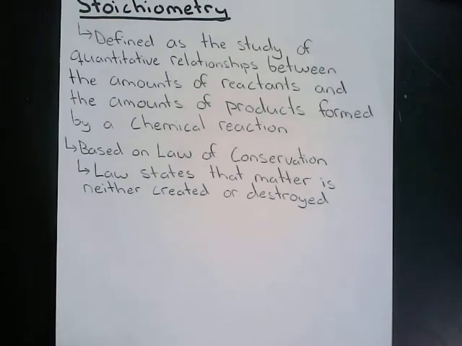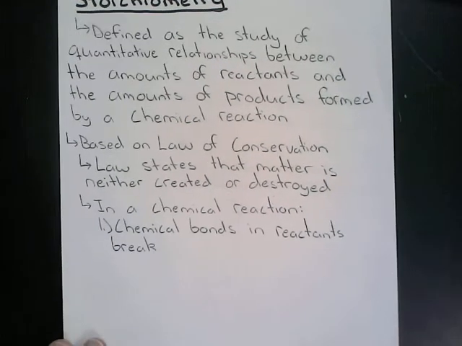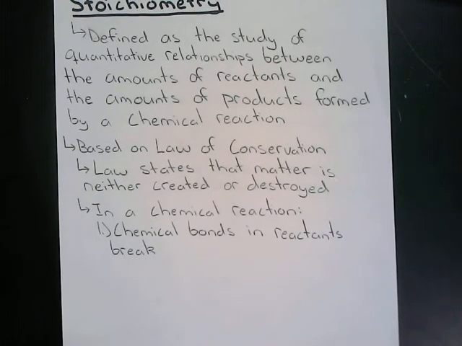So, because matter is neither created nor destroyed, there are a couple of things we need to talk about in a chemical reaction. The first thing that happens is chemical bonds in reactants break. Once those bonds break, new chemical bonds form to produce products.